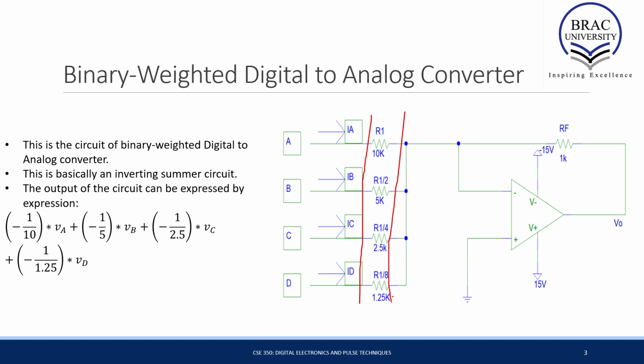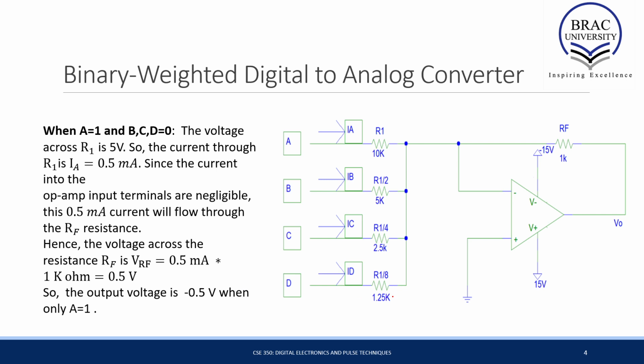We're dividing each resistor by half, and this is how the name binary weighted came. In a similar way, we can also increase the number of inputs. For example, we can add a 5th input or 6th input. We just need to calculate the value of resistance and find the exact value of resistor for the desired output.